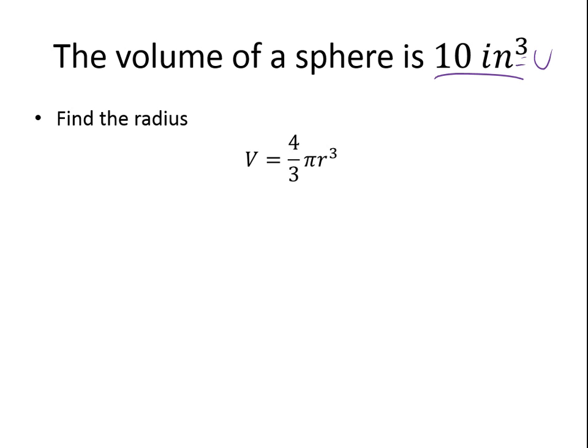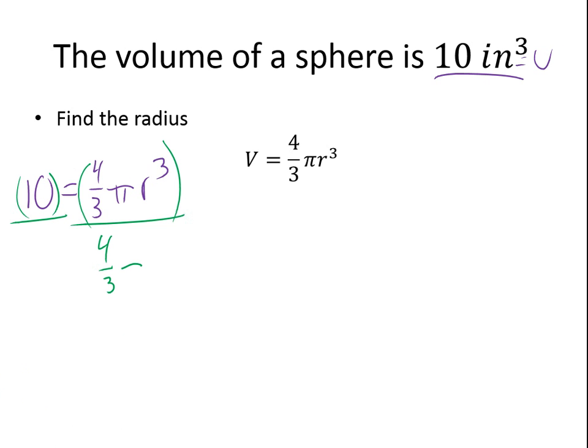So that's our V. So we're going to go 10 is equal to 4/3 pi r cubed. And now we want to get r by itself. So we're going to get the r cubed by itself. What we'll do is divide both sides by 4/3 pi.